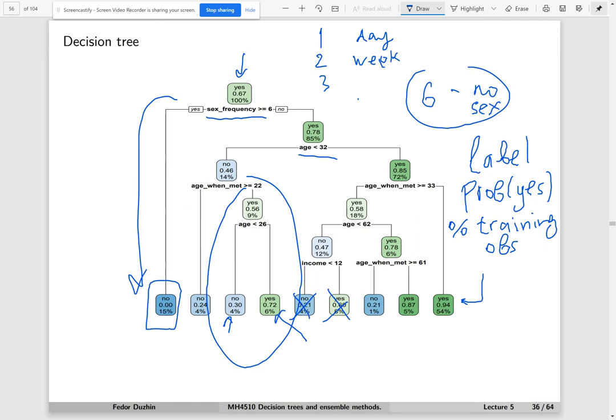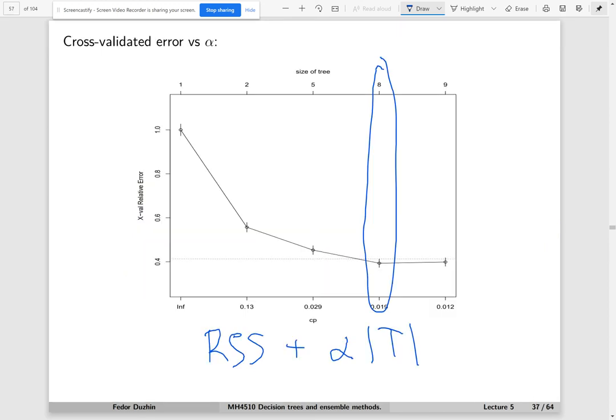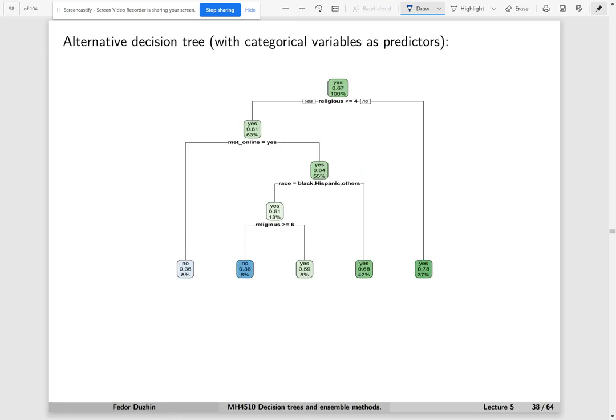And if we prune this part, this node becomes the new terminal node. But my point is that regularization with pruning works in the same way for classification trees as it does for regression trees.